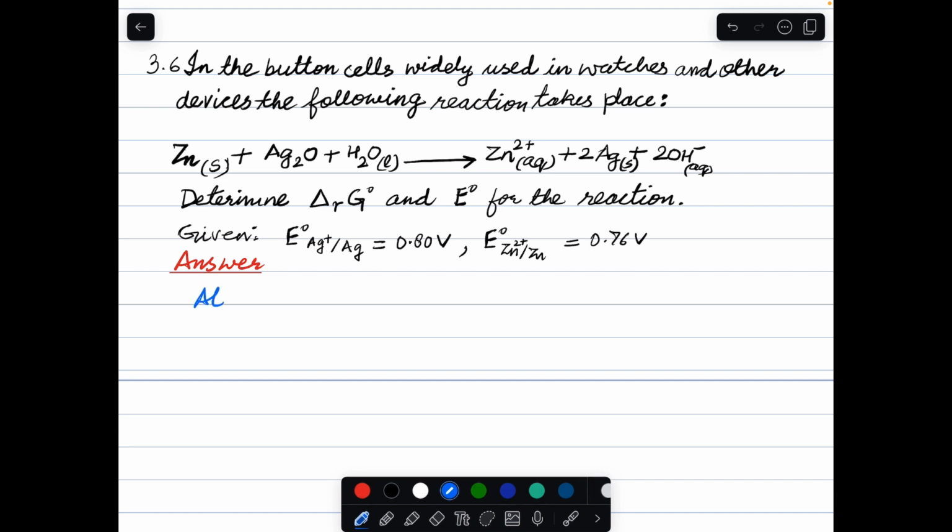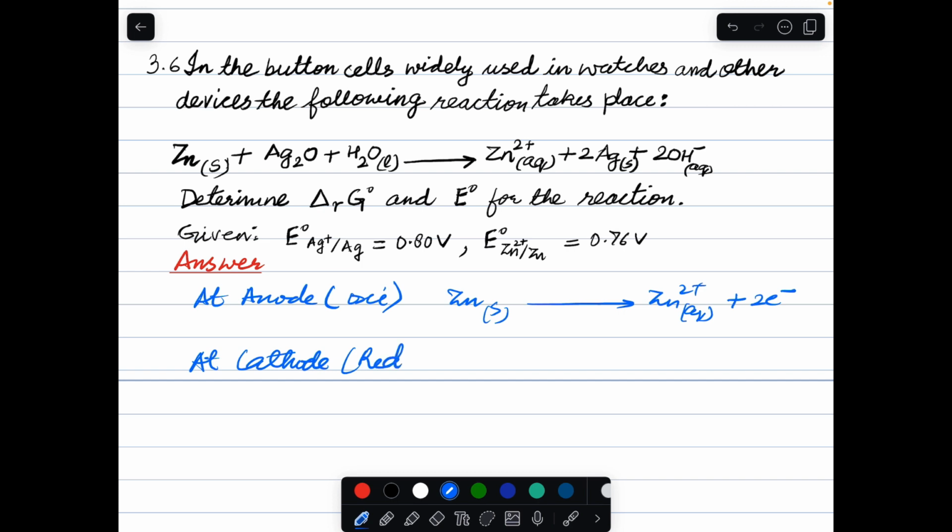So at the anode, that is the negative electrode, we know that oxidation will take place, and here in our case zinc metal is undergoing oxidation to produce zinc ions, which go into the solution by the loss of 2 electrons. And at the cathode, which is the positive electrode, a reduction process is taking place.